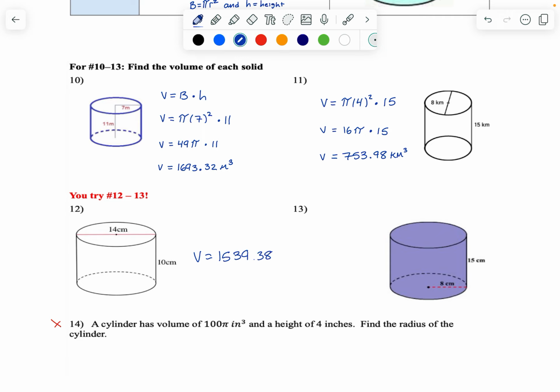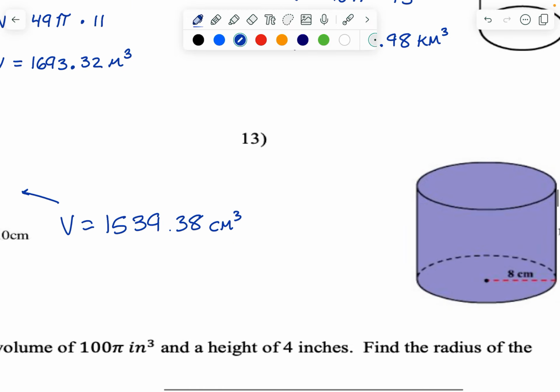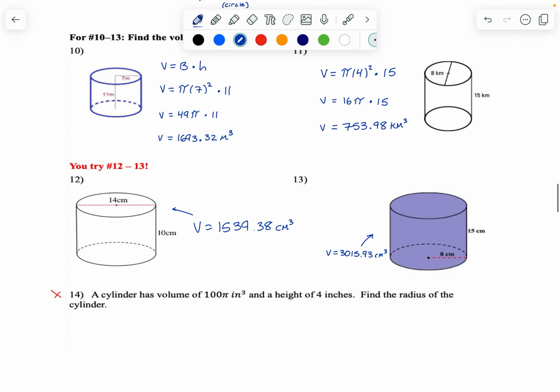For the first one, volume is equal to 1,539.38 centimeters cubed. And then for problem 13, the answer is volume is equal to 3,015.93 centimeters cubed.